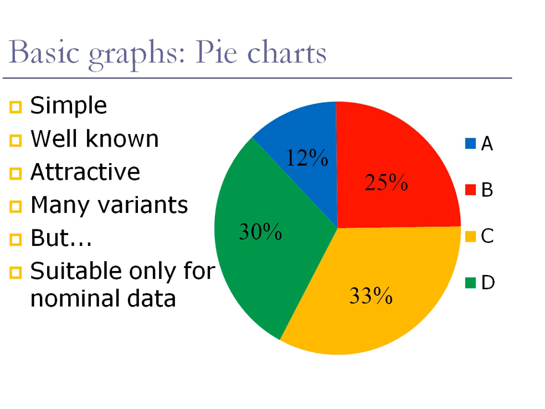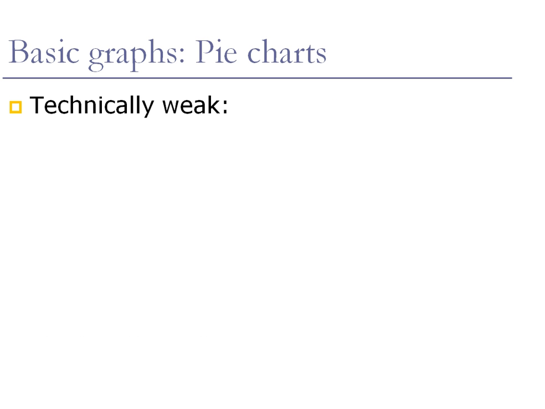It's a very basic, very simple graph, and as such, it does not really convey a lot of information. But even when we are dealing with nominal data, we are going to run into troubles with pie charts. Because of their popularity, you may want to use them, but keep in mind that because of their technical weaknesses, you may want to stay away from them and use something else.